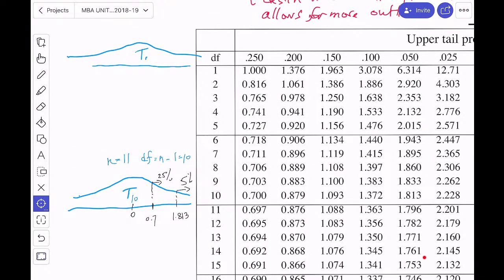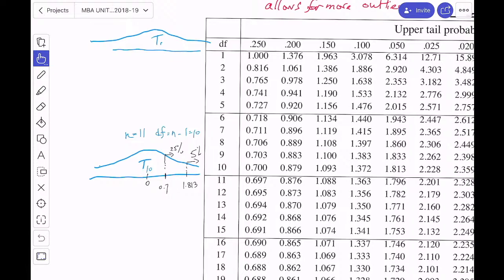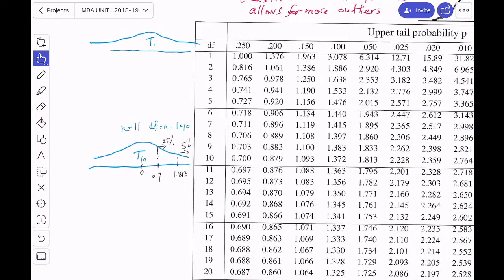These get smaller and smaller and smaller. So what happens is, I'll just do 20.